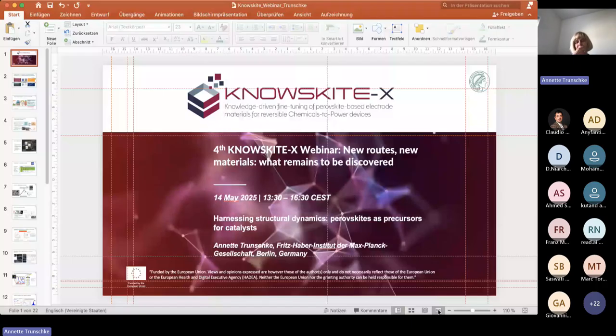And therefore we devoted our work for some time to the synthesis and investigation of these oxidation catalysts. And since the materials are normally composed of many elements, we try to make phase pure materials, at least to reduce the complexity a little bit.